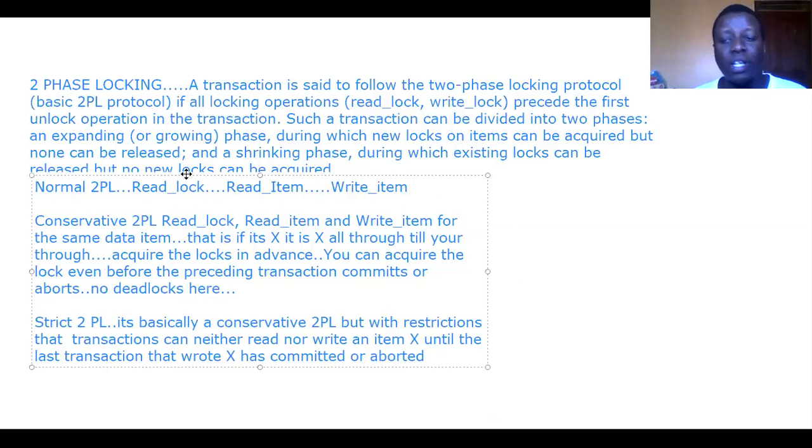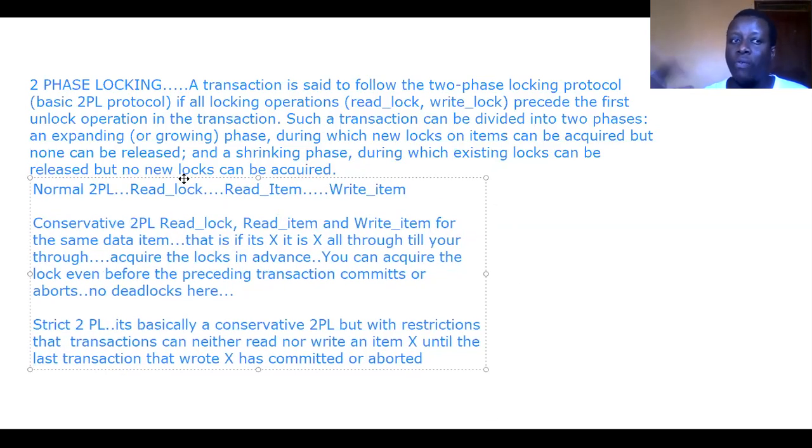So we have started from the first ones, the binary, and then you come to shared and exclusive, and then you have come to two-phase locking. In two-phase locking, you have read lock, write lock. So read lock item X, read item X. When you have a read lock, it means that you want to use that item, and then you go ahead and use it.